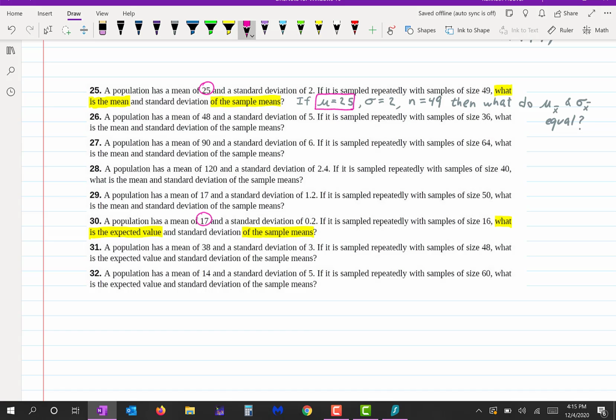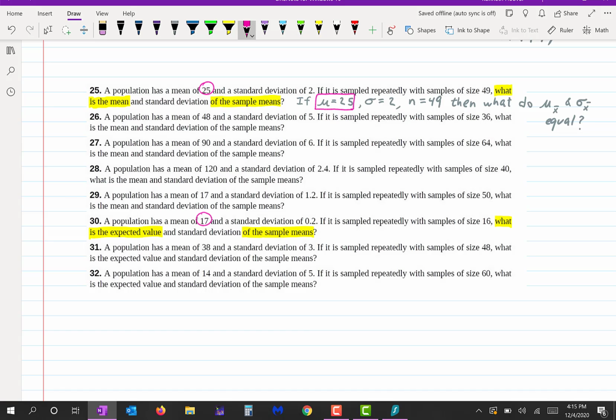And then, in addition to that, we also have the law of large numbers, which says, additionally, the bigger each sample is, the closer mu x bar will be to mu. Okay, so mu x bar should always be relatively the same as mu.